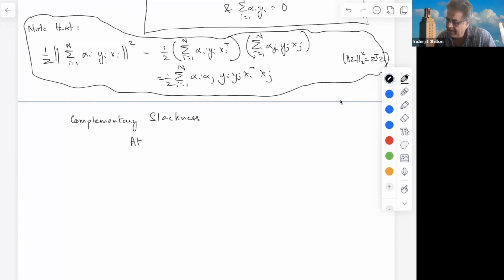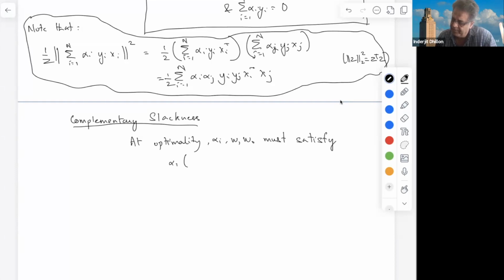It said that at optimality, alpha i and W naught must satisfy this Lagrange multiplier times f_i of W star, which is 1 minus yi times (W transpose xi plus W naught), equals 0 for all i.